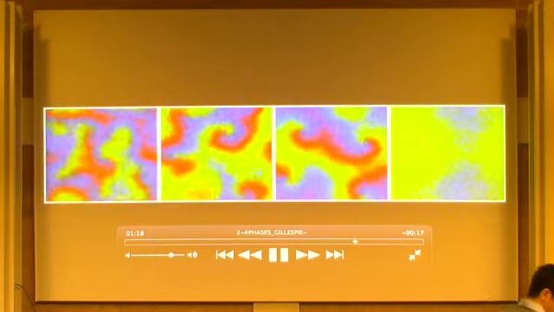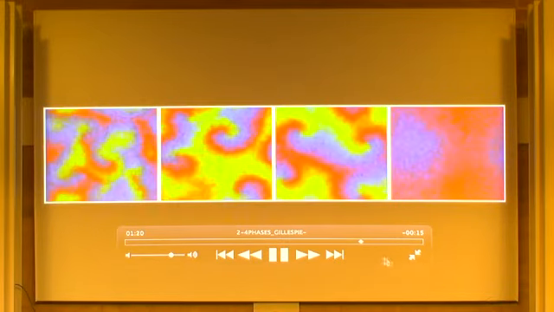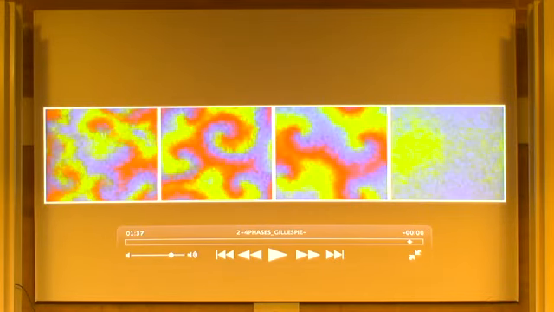So if you just wait a little bit and take a snapshot here, the principle here should be a mess. Here, one should observe well-behaved spirals. Here, well, no spirals at all because they just collide and annihilate.